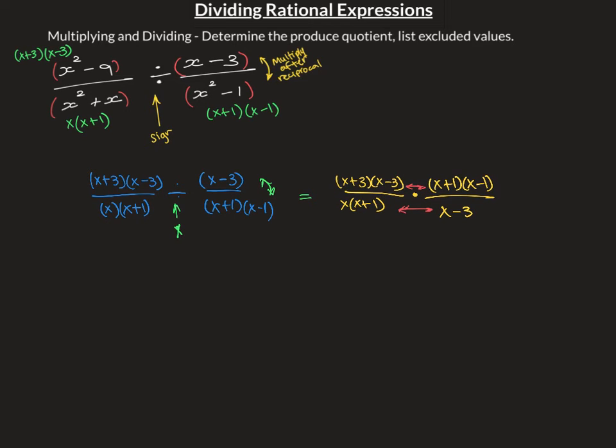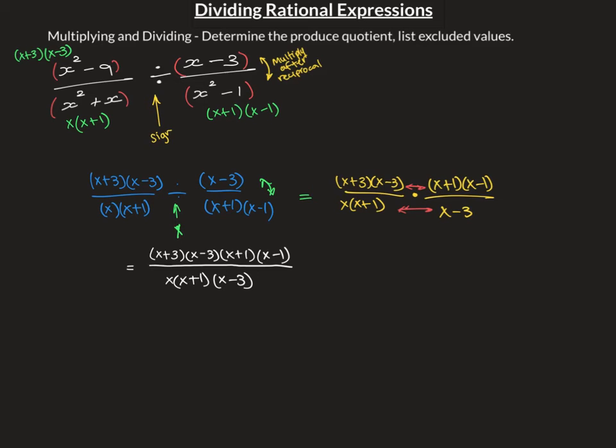So our new equation is x plus 3 times x minus 3 times x plus 1 times x minus 1 divided by x times x plus 1 times x minus 3.